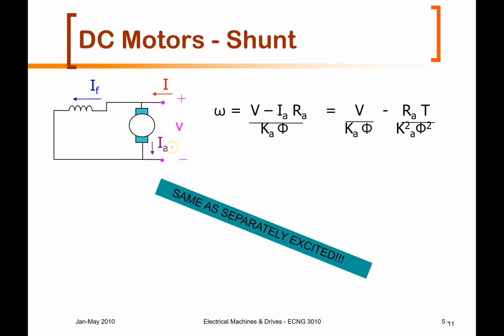For the shunt machine, it is as though you tie those voltages together so that you have the same voltage always across the field and across the armature. So the equations then are exactly the same as the separately excited machine. So the same things we just did also hold for the shunt machine. You don't have to derive anything differently.